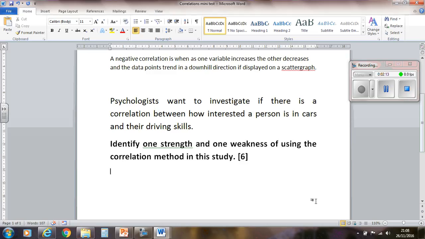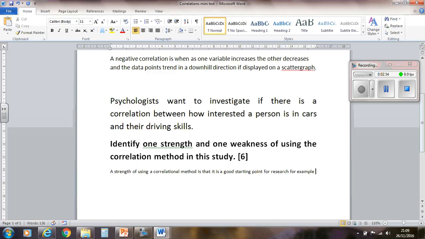A strength of using a correlational method is that it is a good starting point for research.